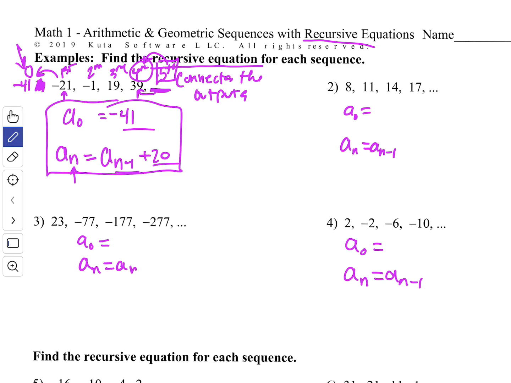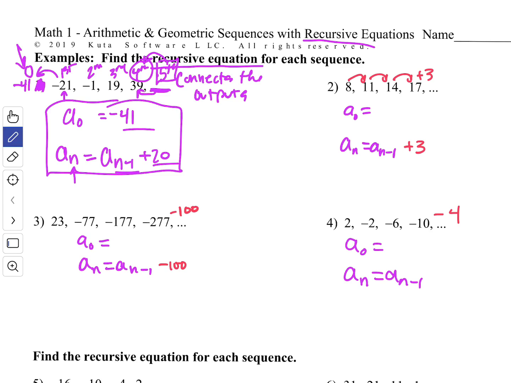Then I'm going to find the growth. So 8 to 11 to 14 to 17, I'd be adding 3. Then 23 to negative 77 to negative 177 to negative 277, I'm subtracting 100 as my growth.